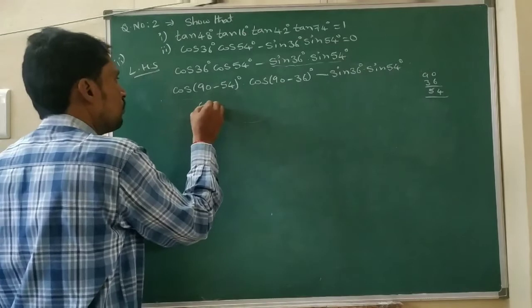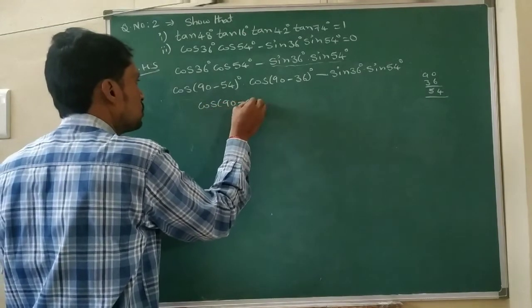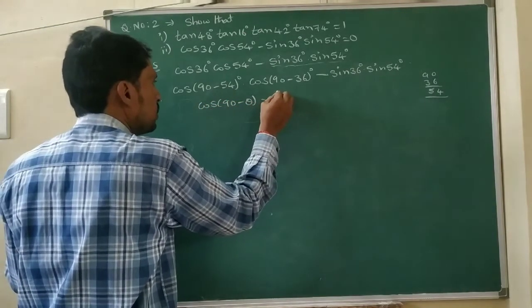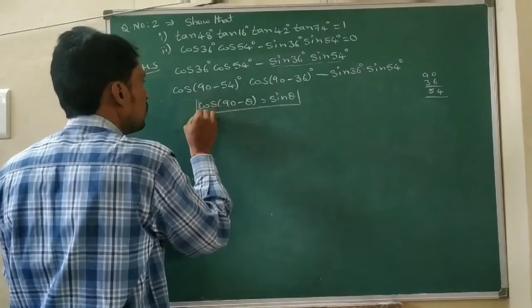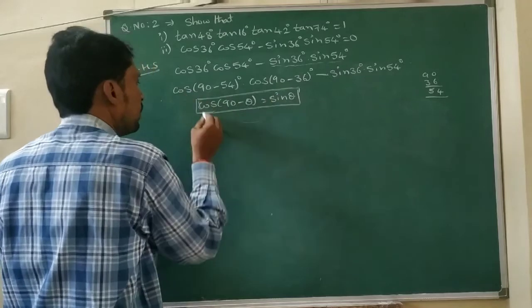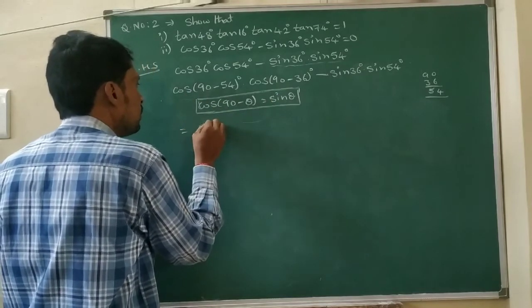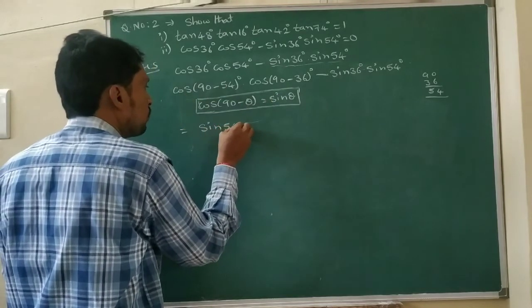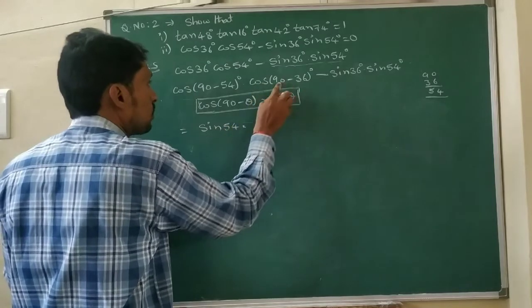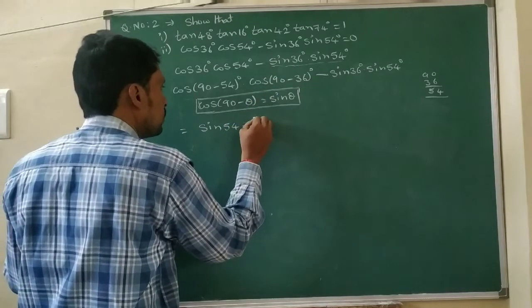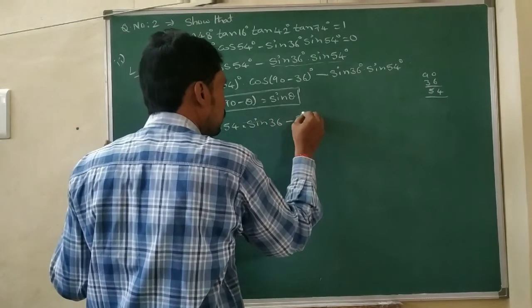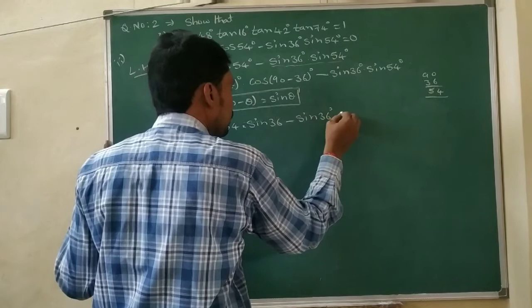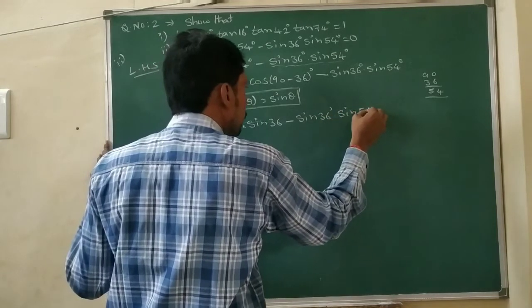It is of the form cos 90 minus theta, and cos 90 minus theta value is sin theta. So cos 90 minus 54 is sin 54, into cos 90 minus 36 which is sin 36, minus sin 36 degrees into sin 54 degrees.